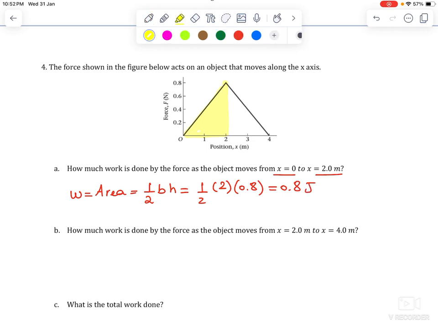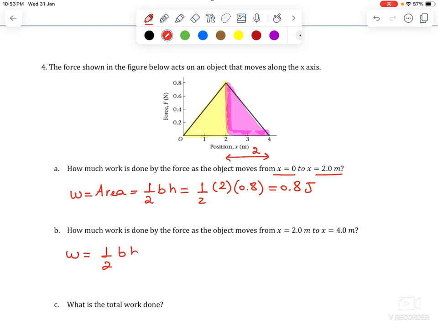Question B, I need to find the work from 2 to 4. This means I have to find this area now, which is very similar to the first one, but not to forget that the base is not 4. The base is only 2, from 2 to 4. And the same height, so also the work is the area.